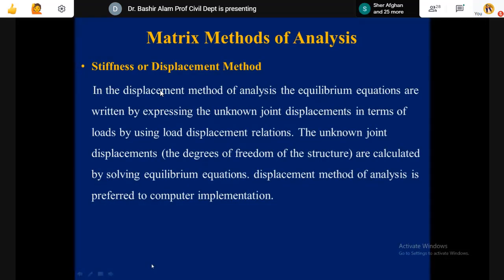It does not allow the vertical translation. Why? Because it can provide vertical reaction. It can allow the rotation. Why? Because it cannot resist the moment. The moment component is not going to be there at the hinge support. So it can allow the rotation.